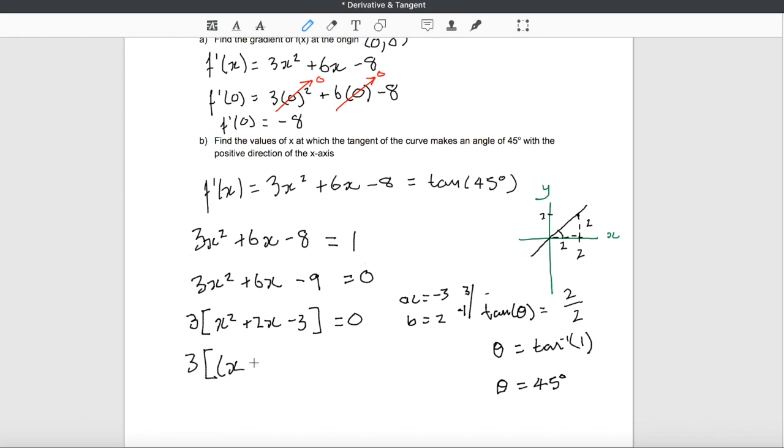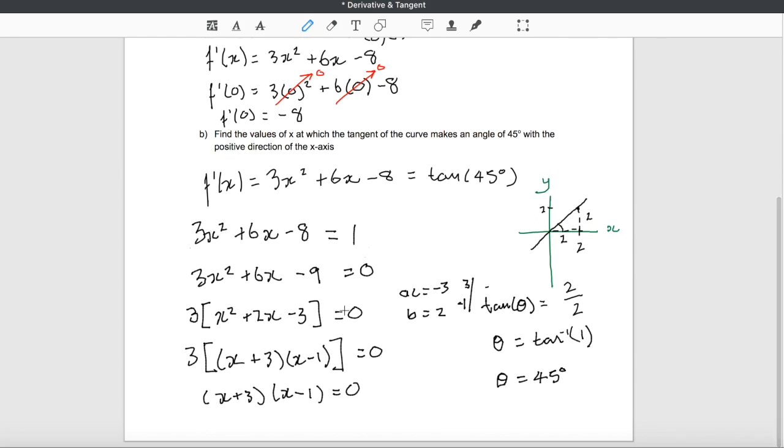So that's going to be x plus 3 and x minus 1. Solving this now, divide everything by 3, just gives us x plus 3 and x minus 1 equals 0. And solving that using the null factor law gives us x equals negative 3 and x equals 1.